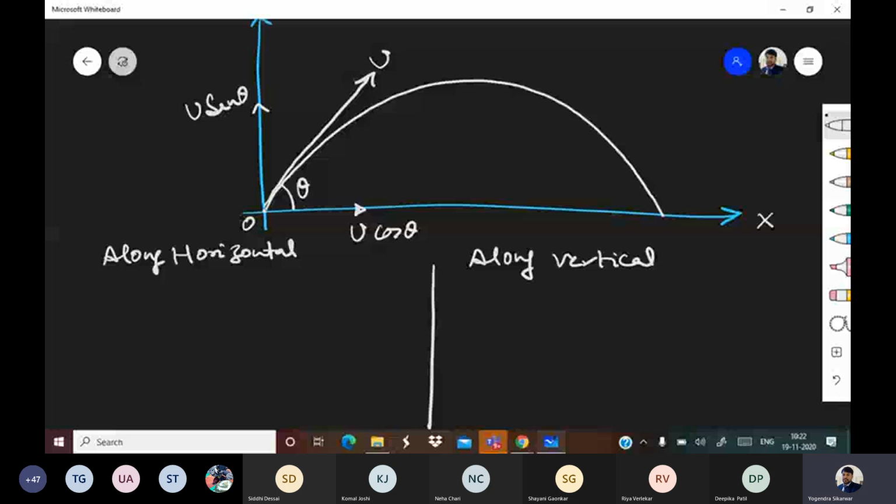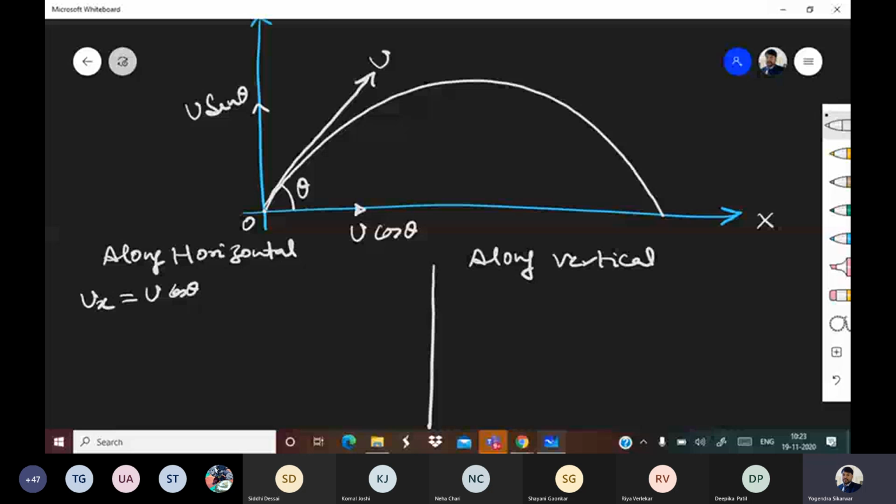Ux is equal to u cos theta, and uy is equal to u sin theta.